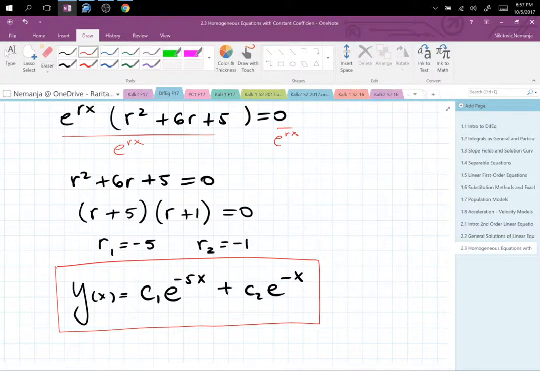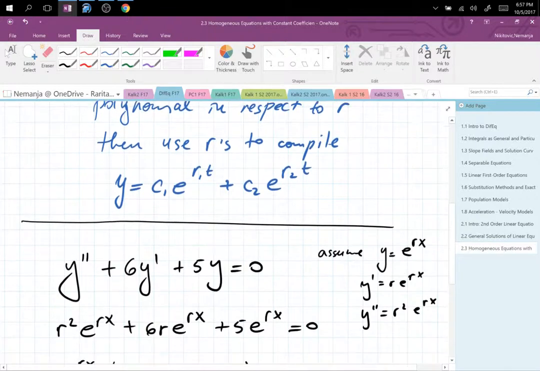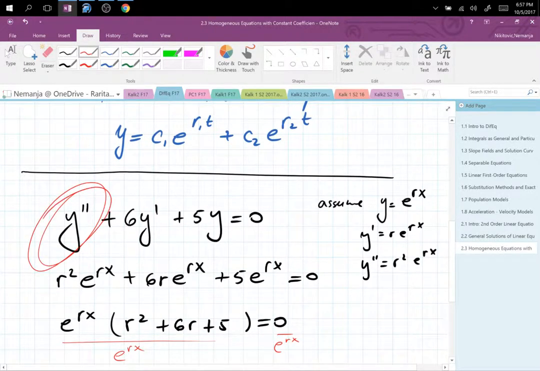Yes, the second order deals with the fact that the second derivative was the one in charge. The word linear means that you don't have a situation like y times this, or something squared. And homogeneous is just this part here, meaning it's equal to 0.